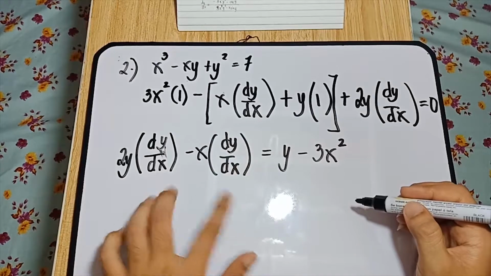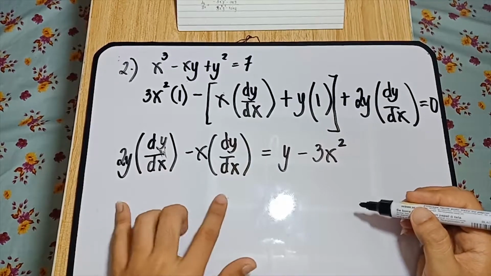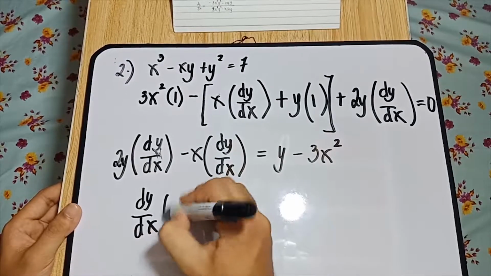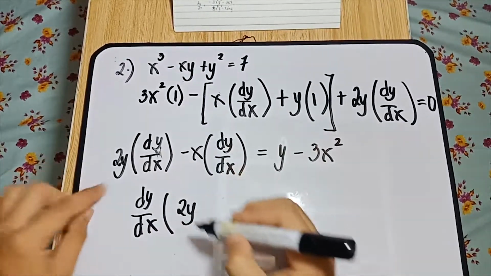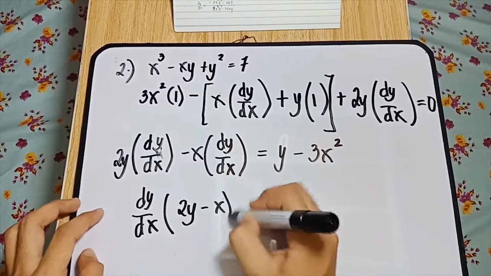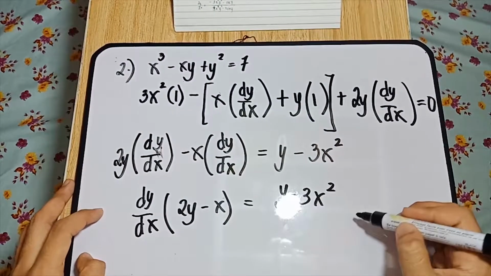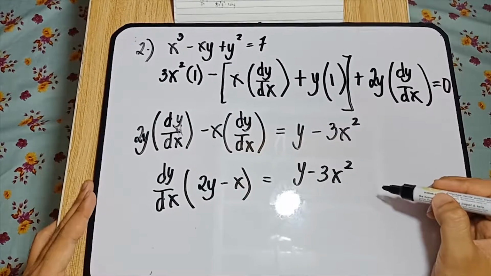Then, factor out lang natin yung dy over dx. So, dy over dx, that is 2y, ito yun, minus x, equals y minus 3x squared. Okay?